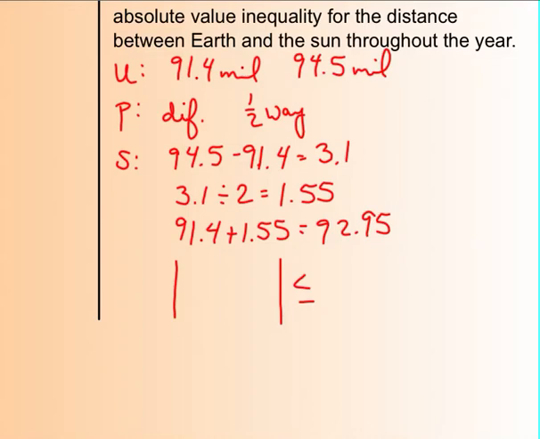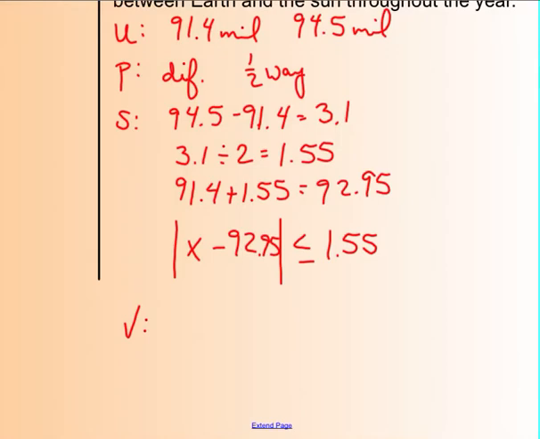So if we take the distance that the Earth is from the sun minus the halfway distance, the absolute value of that needs to be less than or equal to this halfway distance from the closest to the furthest. And then let's check. Let's substitute a few numbers in. I was just kind of throwing out some ideas and putting them in an absolute value, and let's see what sticks. So we know that the Earth was not closer than 91.4 million miles.